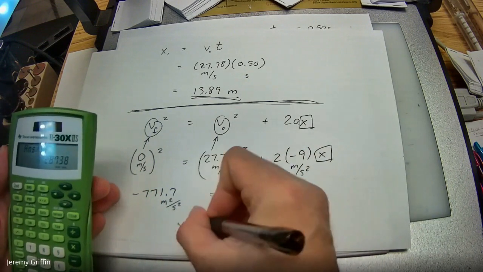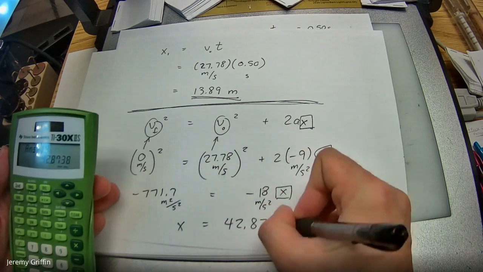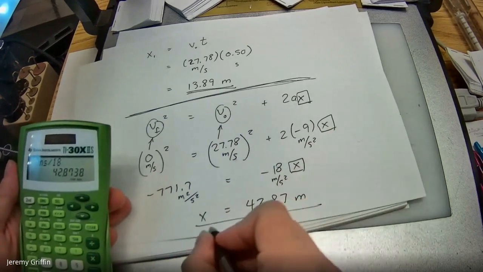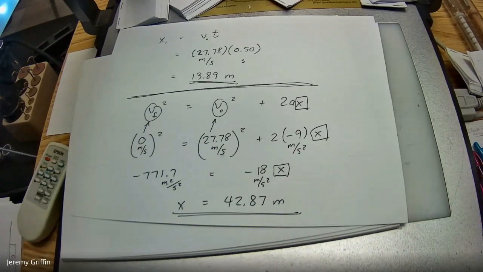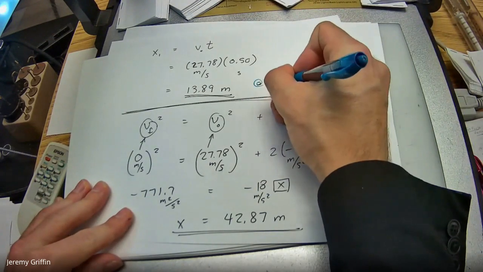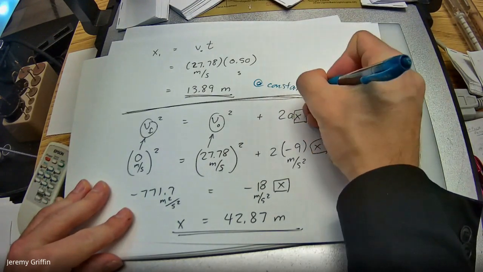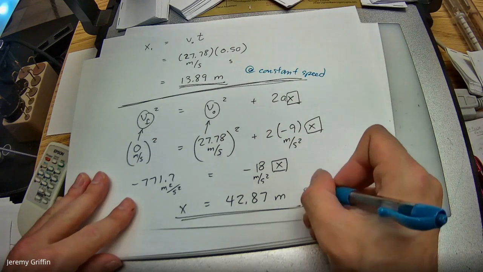I'm getting the stopping distance as 42.87 meters. Is that it? No, that's just the slowing down part. So this first part was at constant speed, and the second part was slowing down.